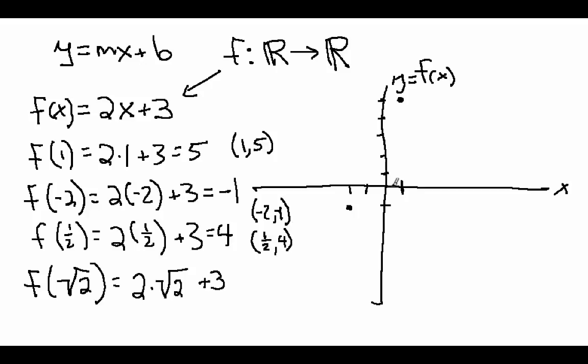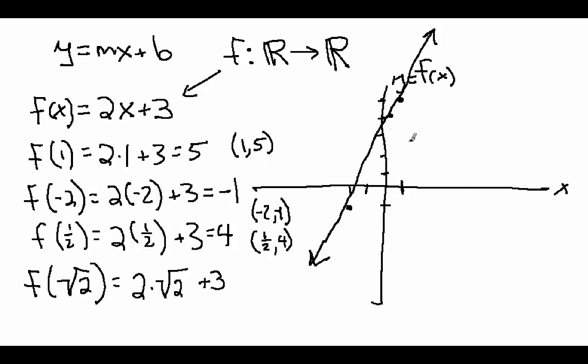So if I came over here to 1/2 and went up to 1, 2, 3, 4, it's right over there. And in fact, we know that this thing is a straight line, and I am sure that I am not going to draw a very nice looking thing here, but it would kind of look like that. So that's actually a picture of the function.